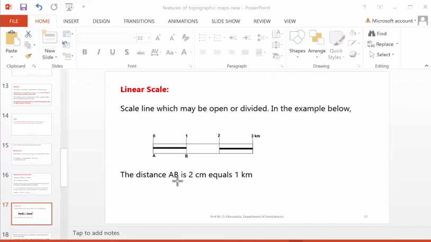Now, if you want to interpret this scale, you place your ruler here and measure the distance between the first line. When you place your ruler and measure that length on the map, let's say the length I measure is 2 centimeters.